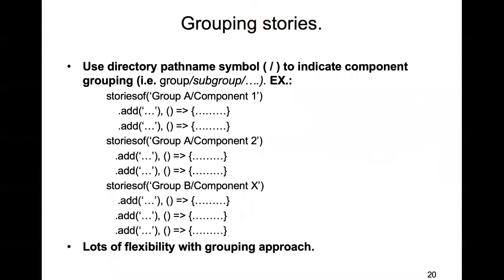In terms of how you group components into categories, it turns out that if you look at the syntax here, the slash there is actually significant. So the Storybook server knows that before the slash is the category name and after the slash is the component.